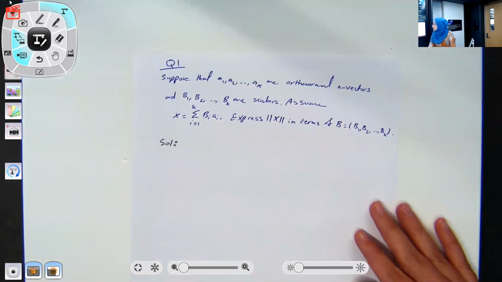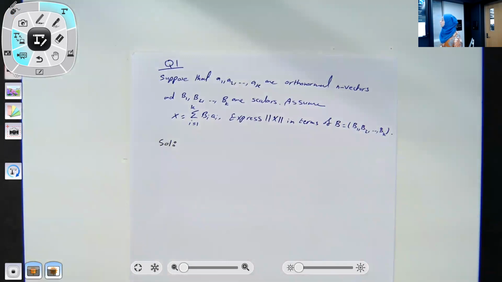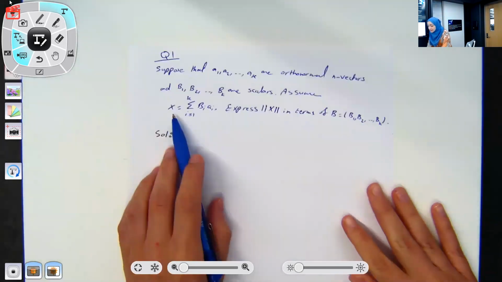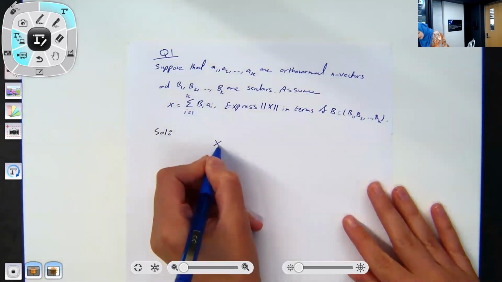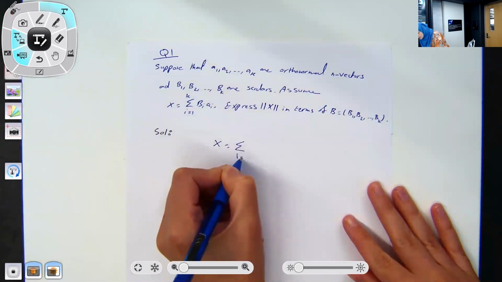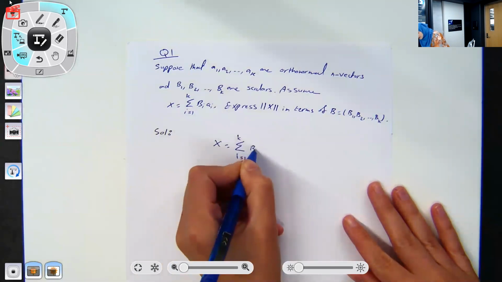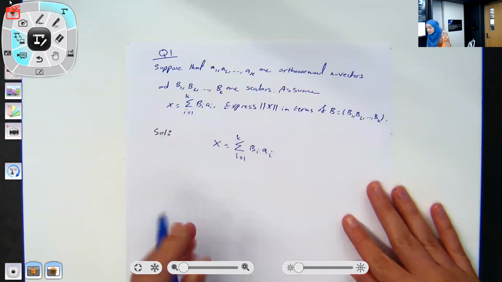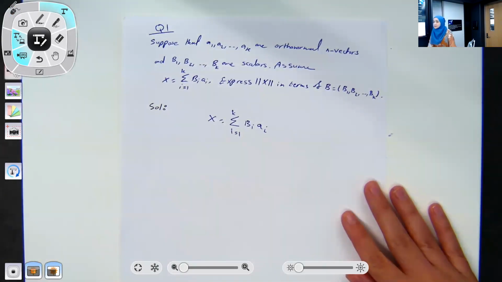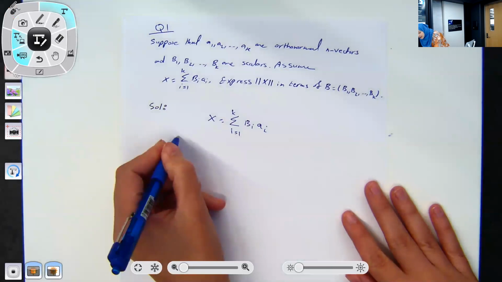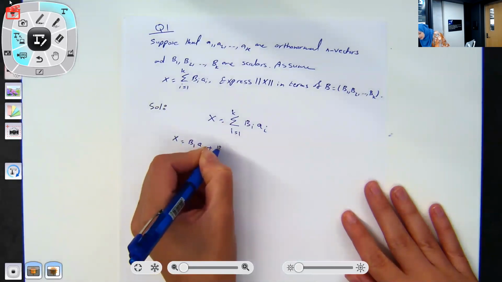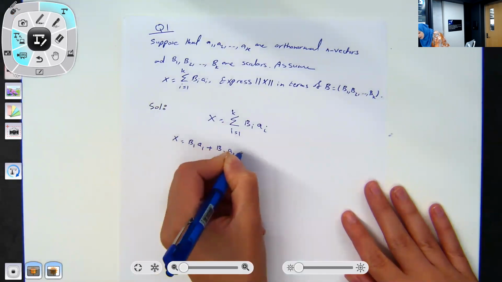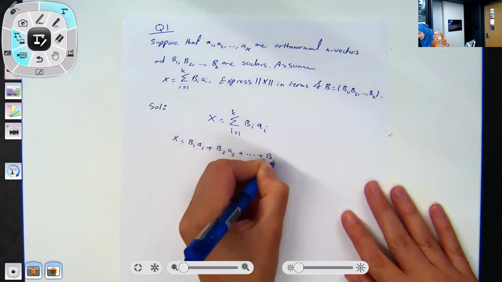Let's start to find the solution, and we need to express the norm of X in terms of B. Here they give you that X equals the summation of I equals 1 up to K of BI AI. Let's try to expand the value of X. X equals B1 times A1 plus B2 times A2 up to BK times AK.